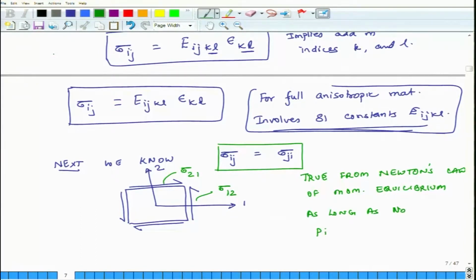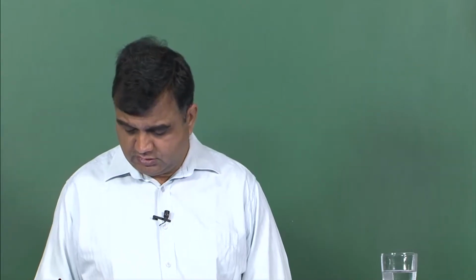no point moments exist in body. And in most of the cases this condition is always true. So, if that is true, then sigma 1 2 is always equal to sigma 2 1. Similarly, sigma 1 3 is always equal to sigma 3 1 and sigma 2 3 is always equal to sigma 3 2.